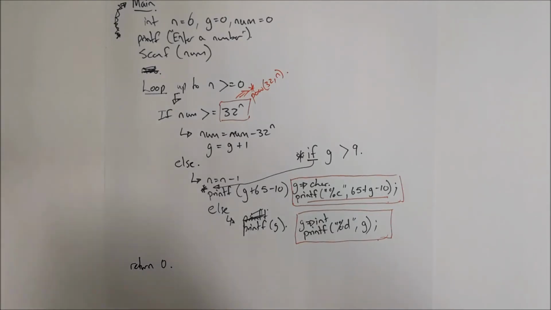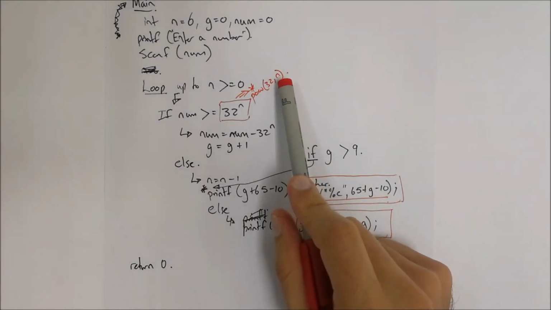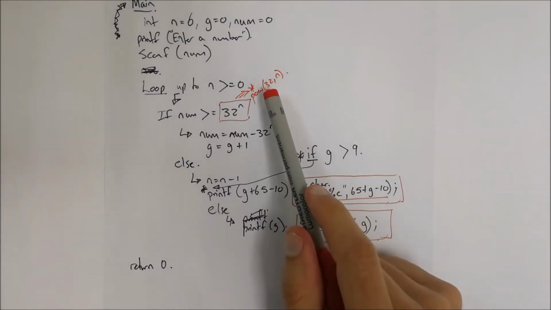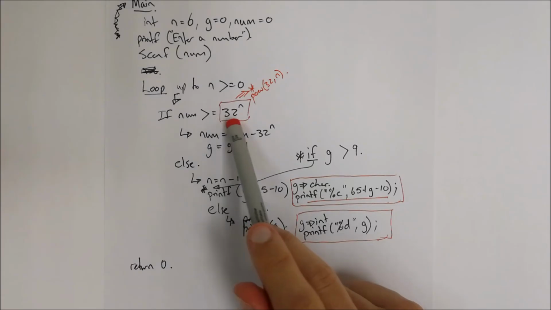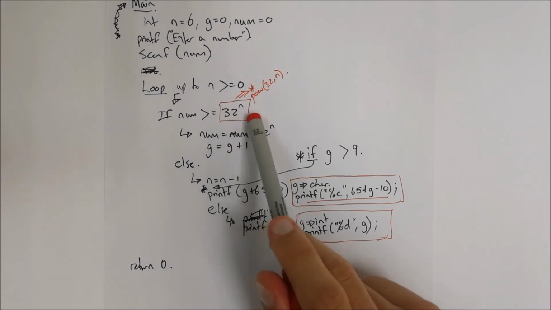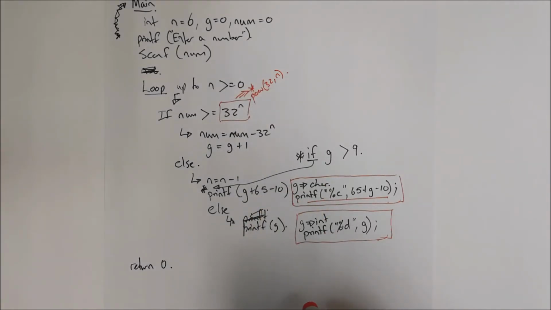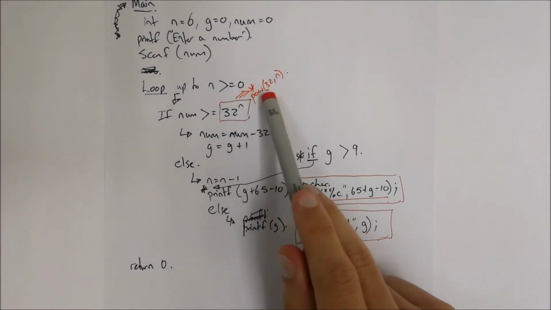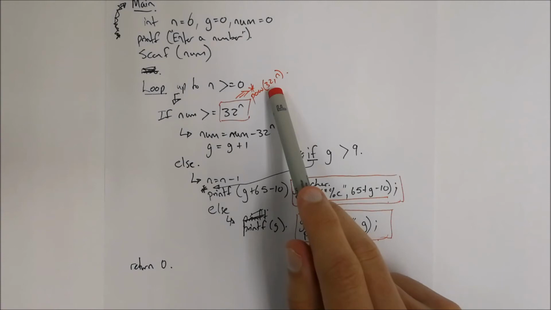If I use power 32, n, do I have to take into account a floating number? If it was that 32 to the power of n was assigned to a specific number, then yes, you would have to take into account that a floating number is going to be used because this is an output.